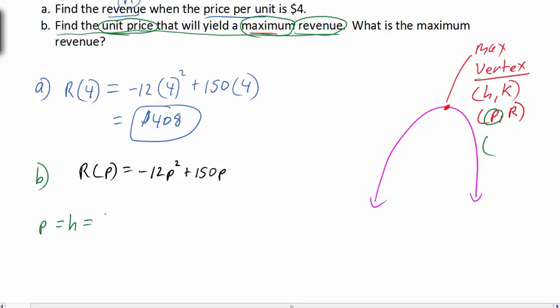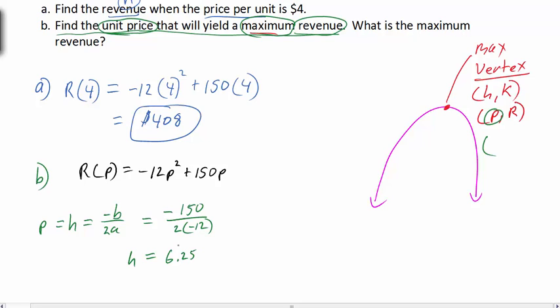So then we know the formula is going to be negative b over 2a. So that means we're going to take a negative 150 divided by 2 times our a, which is a negative 12. So if we have negative 150 divided by 2 times negative 12, then we're going to end up with a value of a positive 6.25.